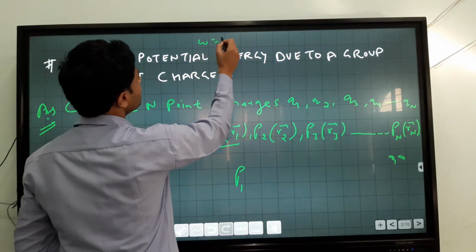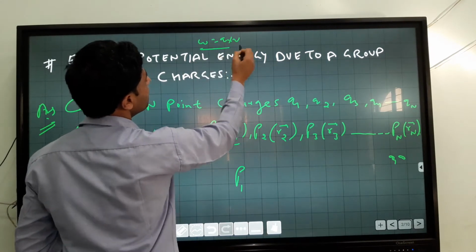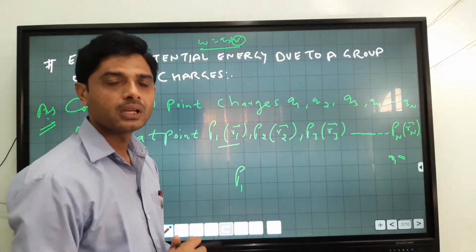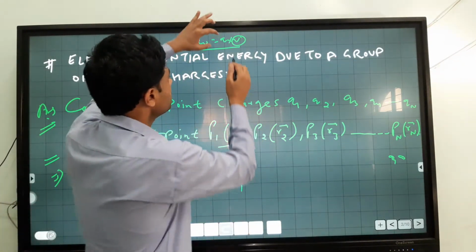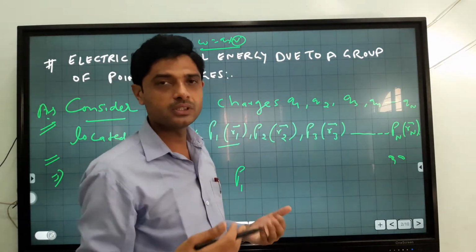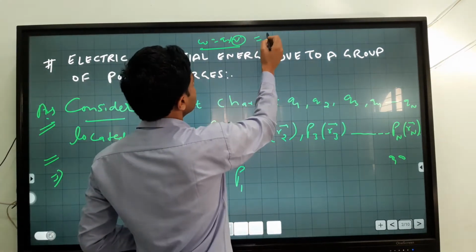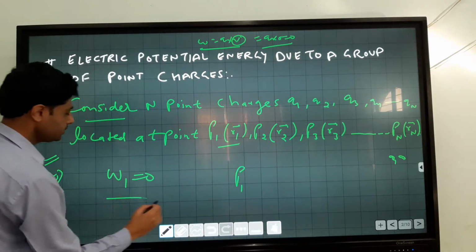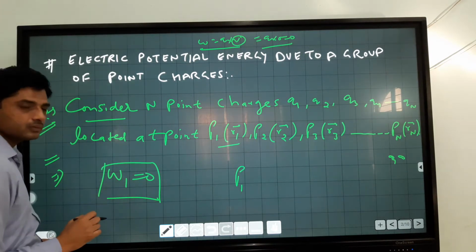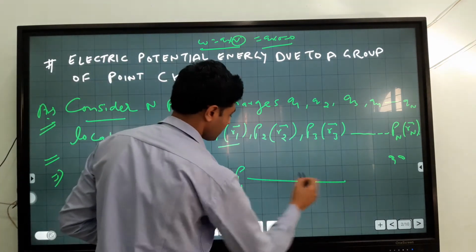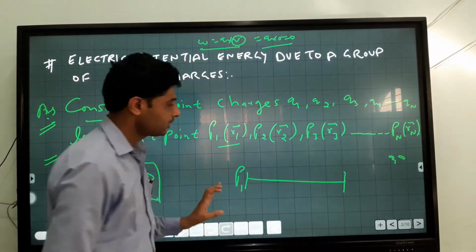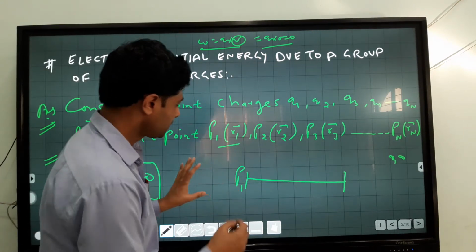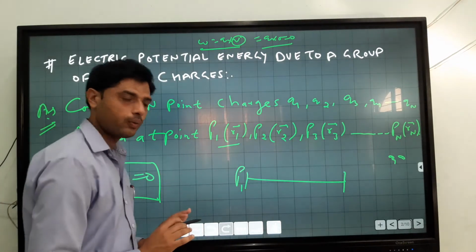Work done equals charge into potential, and potential depends upon the electric field intensity. When the electric force is 0, then V is also 0. So Q into 0 means W1 is 0. When we carry Q1 from infinity to point P1, the work done is 0.